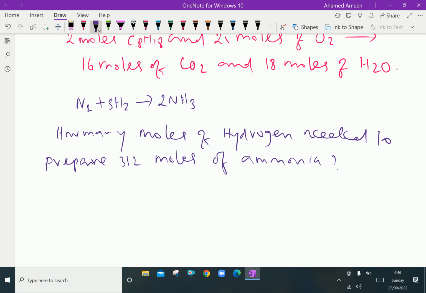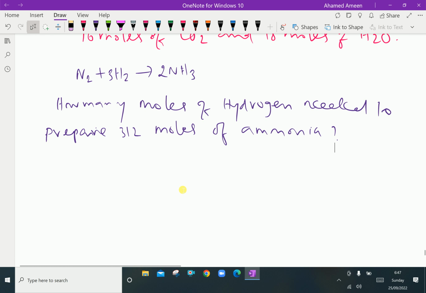Look at this, you can do it by ratios. This equation is N2 plus 3H2 gives 2NH3. That means 1 mole of nitrogen and 3 moles of hydrogen make 2 moles of NH3. Following this equation, how many moles of hydrogen are needed to prepare 312 moles of ammonia?